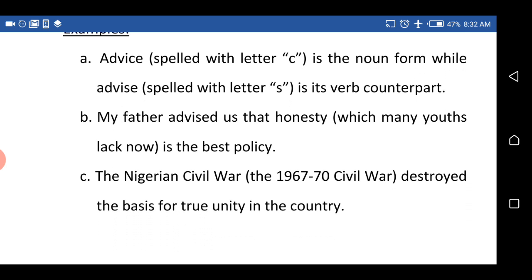You can as well say the Nigerian Civil War destroyed the basis for true unity in the country.